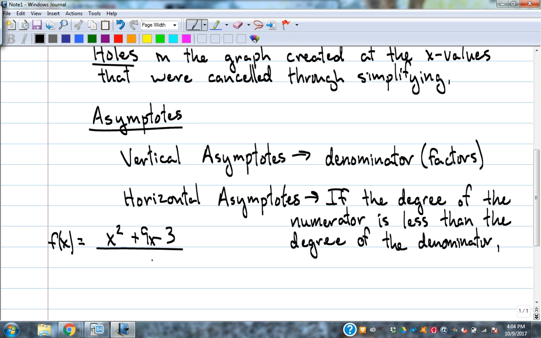That's our numerator. Our denominator just needs to be bigger than that, x cubed plus 1, something like that. That's an example of a rational function that fits having a horizontal asymptote. It has a horizontal asymptote at y equals 0.